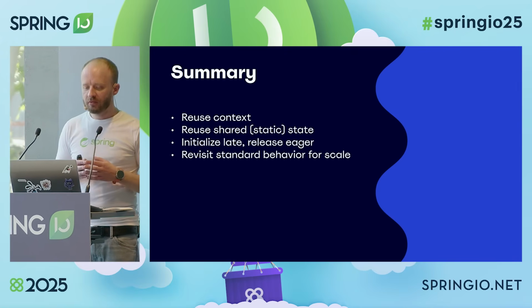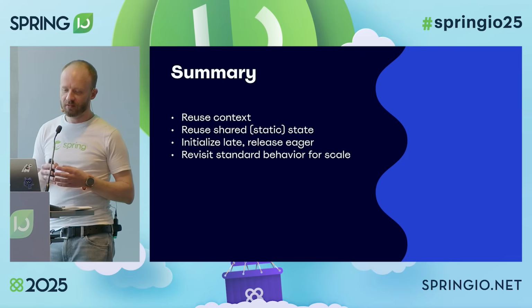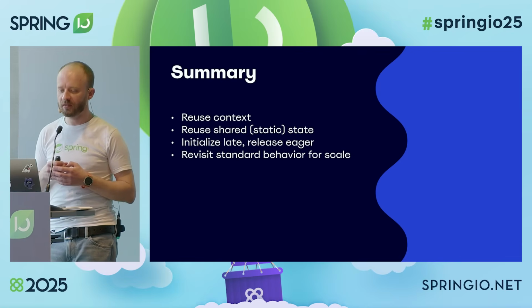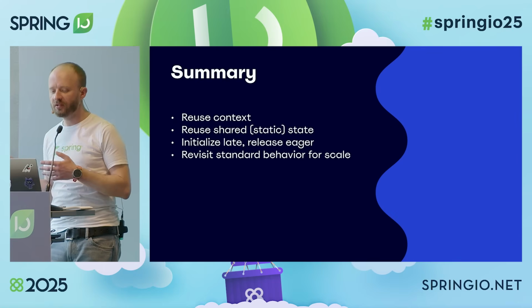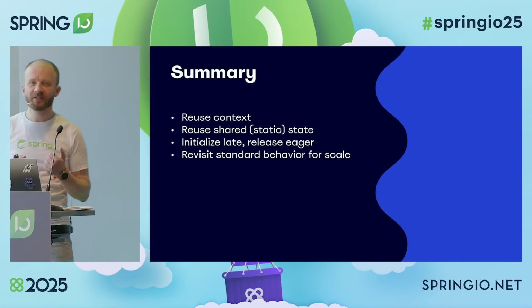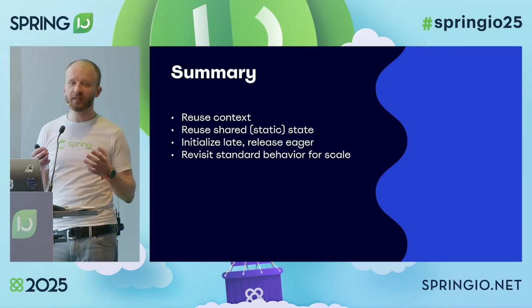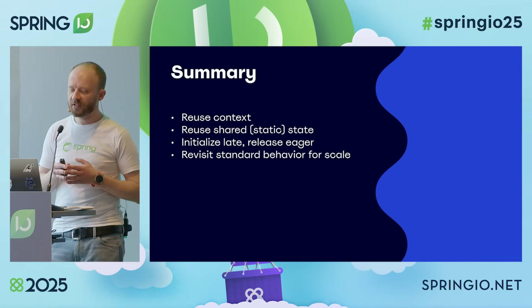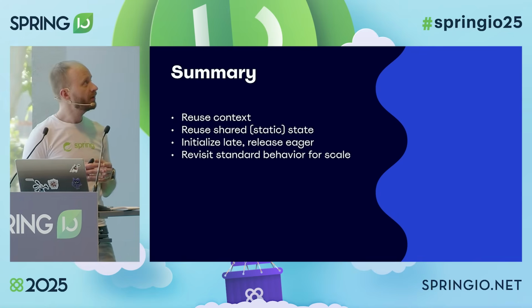And I would like to summarize this. Try to reuse your contexts, maybe share them, maybe not. Initialize late and release eagerly. And if you're working at big scale, be ready to revisit standard behavior.